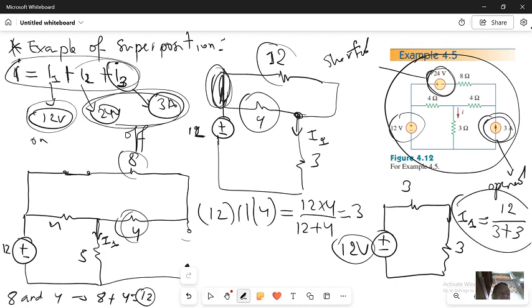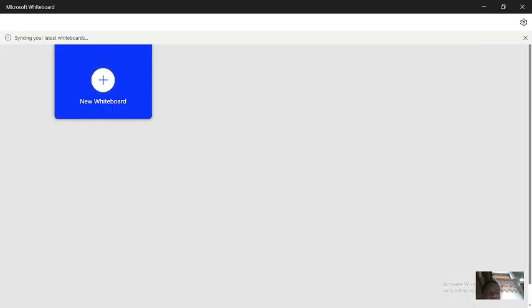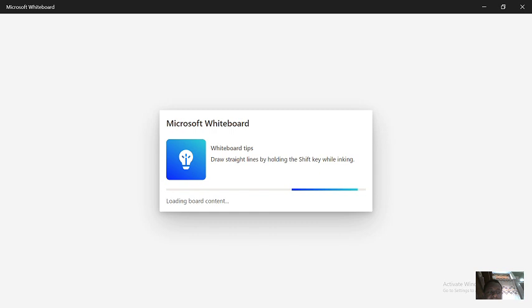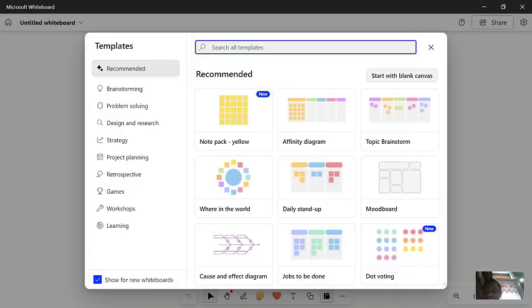Let's now determine the value of I2. I2 is the one contributed by this source. To determine the value of I2, let's redraw the circuit so that it will be easier for us.